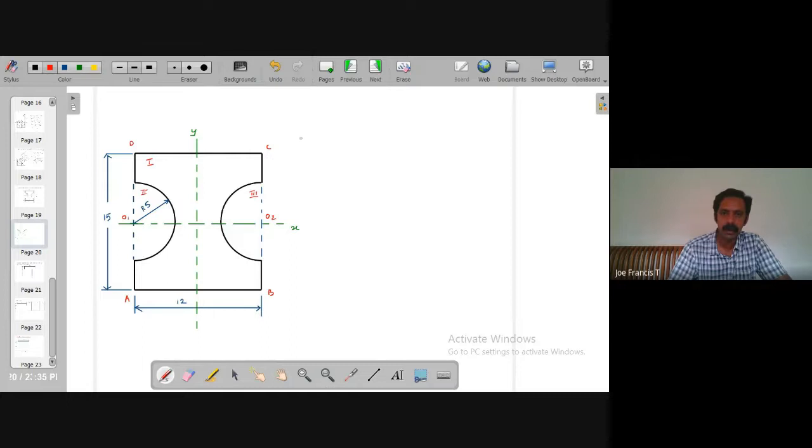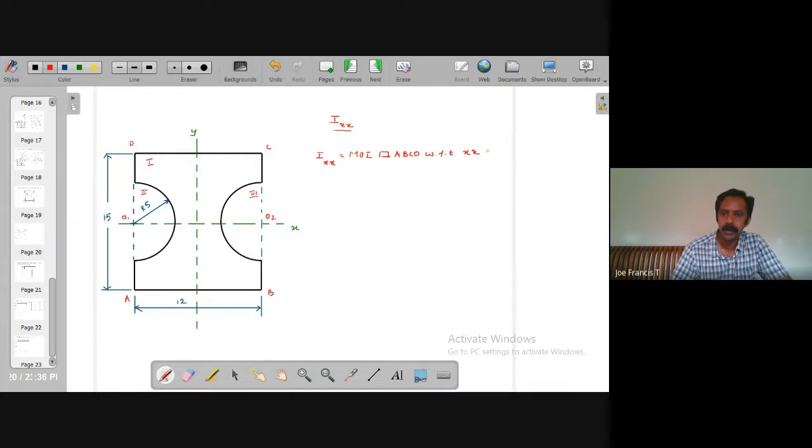Suppose first you are going to calculate Ixx. So this is what you're going to calculate first. Ixx will be equal to the moment of inertia of rectangle ABCD with respect to the XX axis.